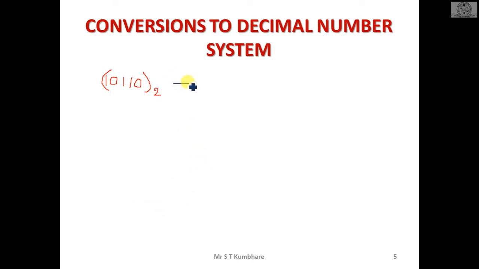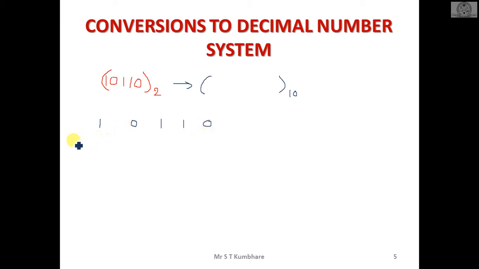If I want to convert this into decimal, what to do? That we'll see. We have to separate all these digits. I will separate it like this: 1, then 0, then 1, then 1, then 0.